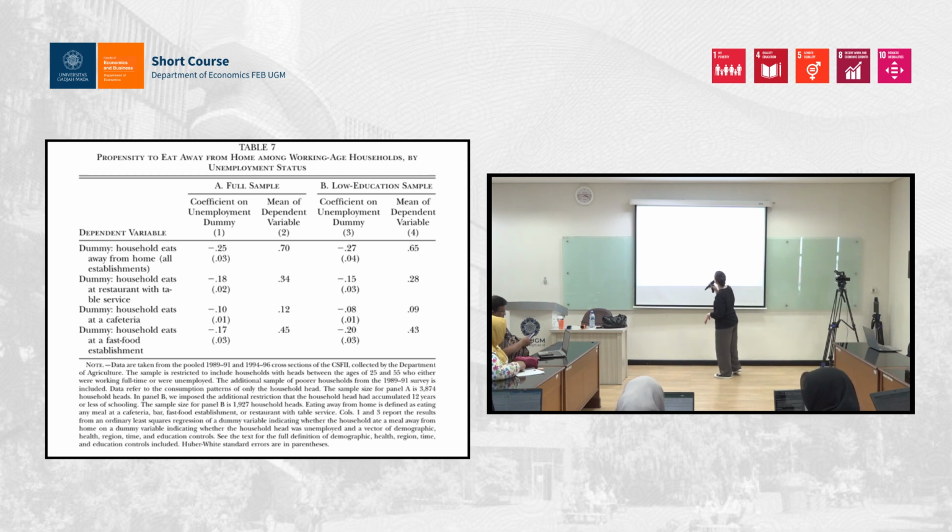So actually I would like to know how many are. So they say that the total sample is 3,874, and when they consider only the low educated is 1,907. So maybe I'm wrong, because in my expectations the low educated are just 60% of all the unemployed.